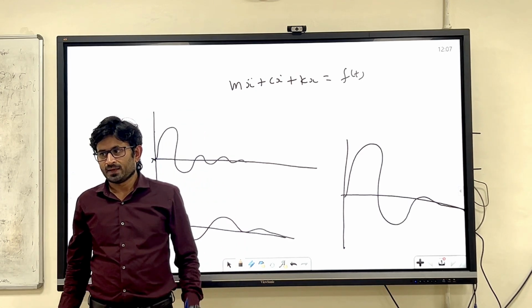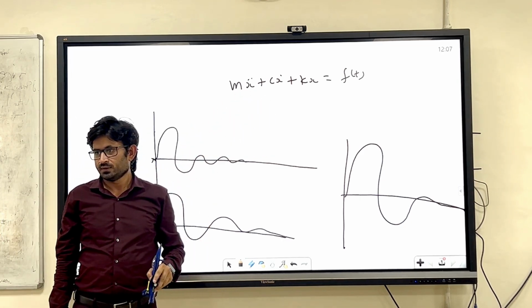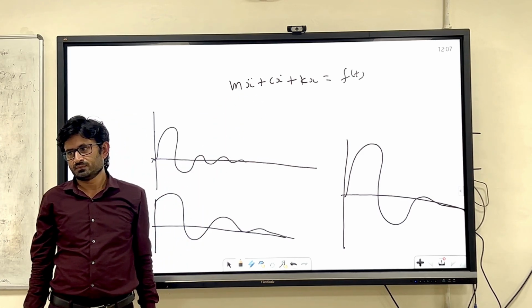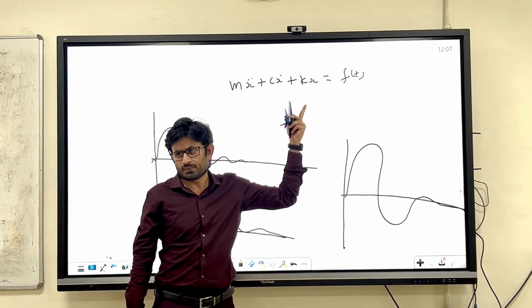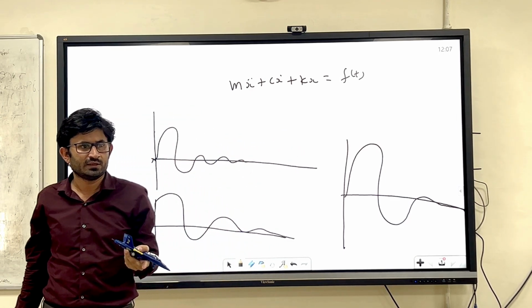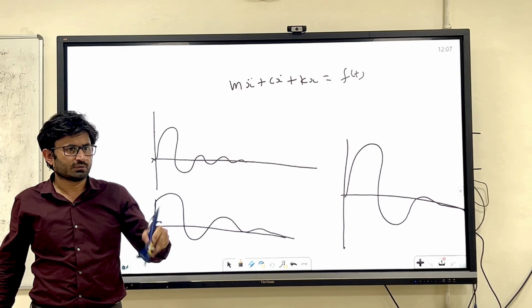So that means in an aircraft something is equivalent to k, and something is equivalent to c, and f is our disturbing force. It can be generated by the atmosphere, or by the control input of the elevator itself, disturbing the longitudinal motion.